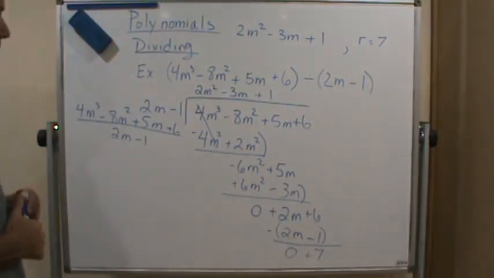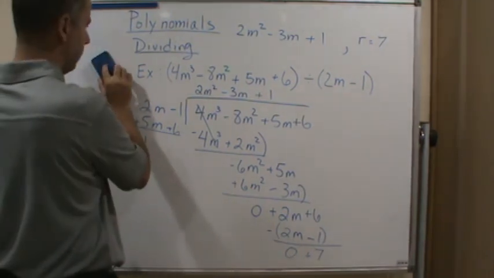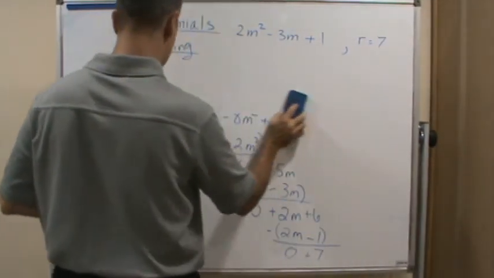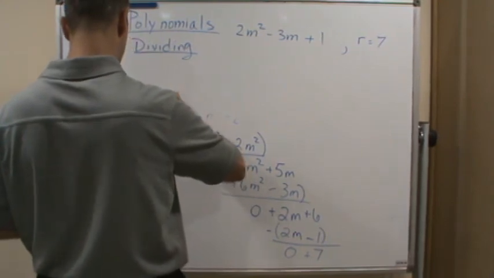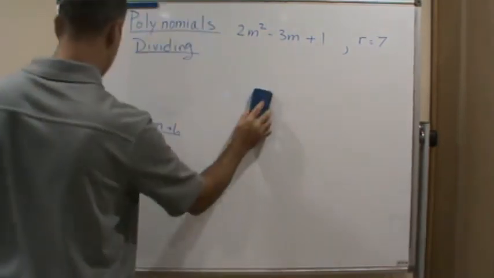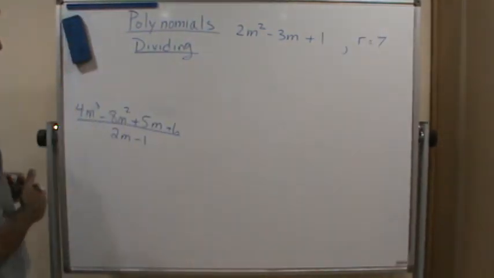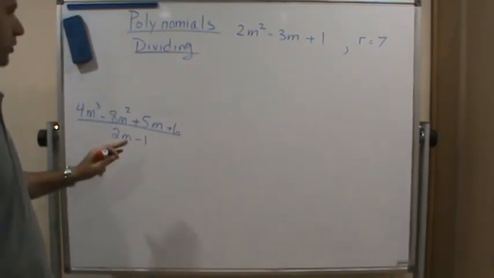Okay? So what do we get? When we divide these two, what did we get? So that's what we have to do. We wanted to divide these two. So what was our answer?